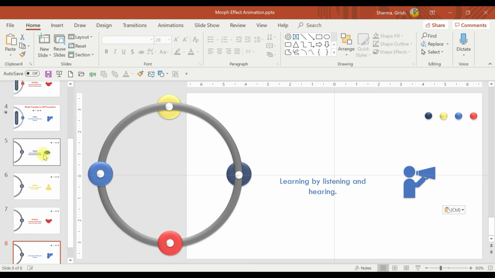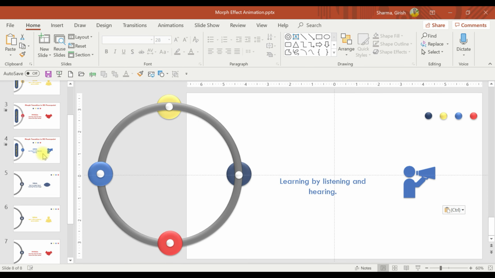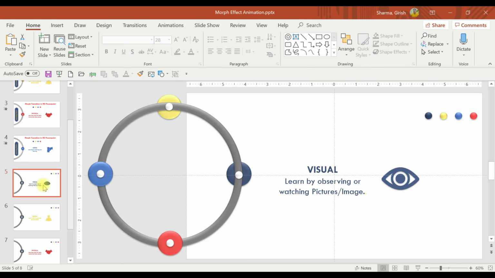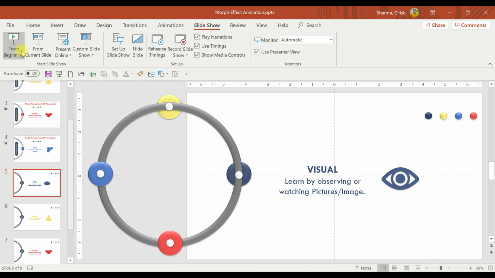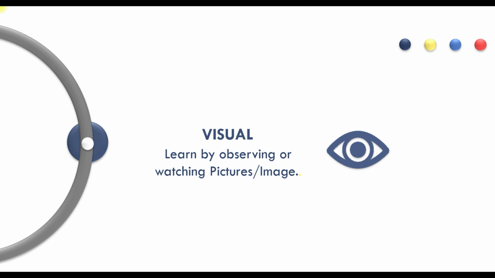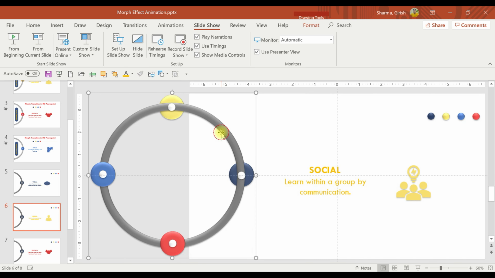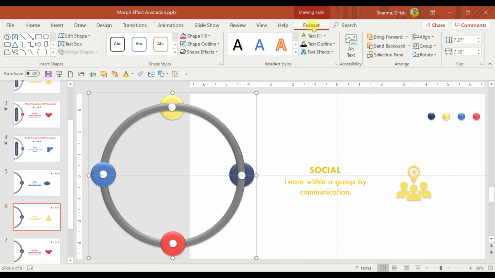The only thing left is our transition. So we'll go to the first slide. If we go to slideshow, it is the same slide we are going to see first. Then we need an animation for the second slide, so we'll select the second one, and go to Format.